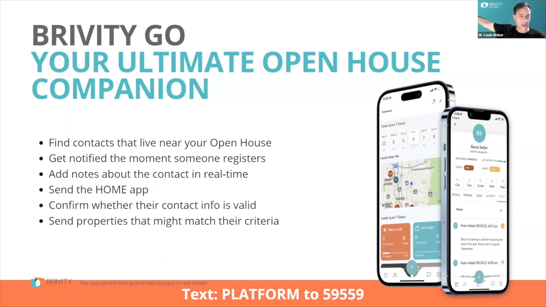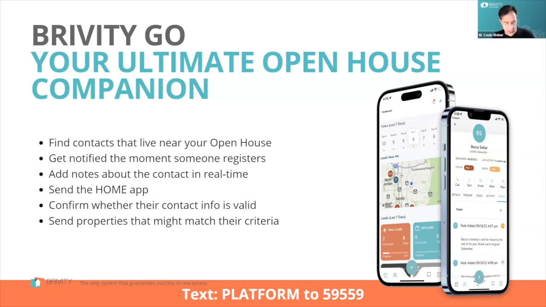So we'll know that person walking in the door just registered. We're going to be able to add notes to their profile in real time. This is Steve and his wife Jan, and they want to move closer to their in-laws who live right down the road. Whatever that information is, we're capturing all of it in real time.